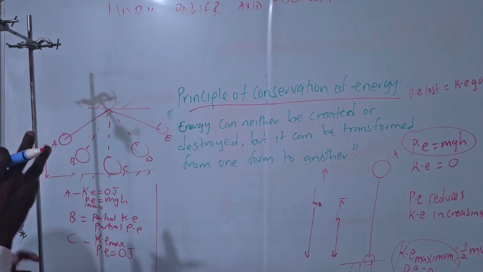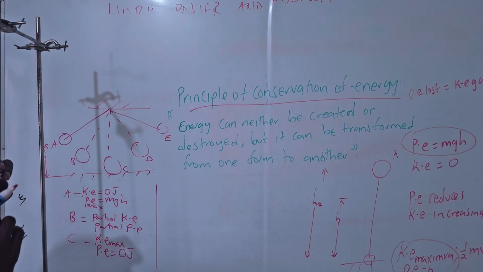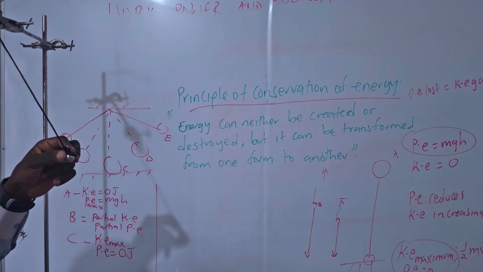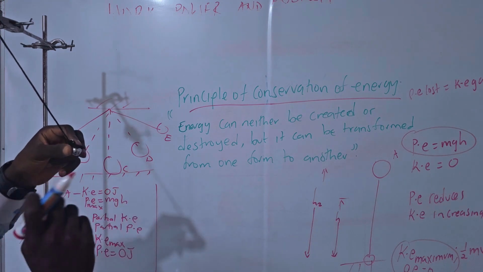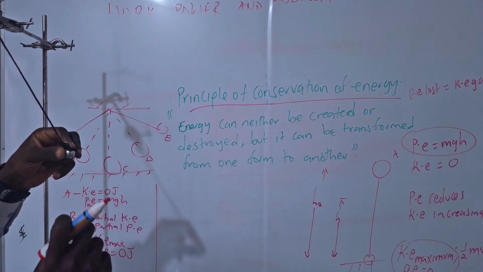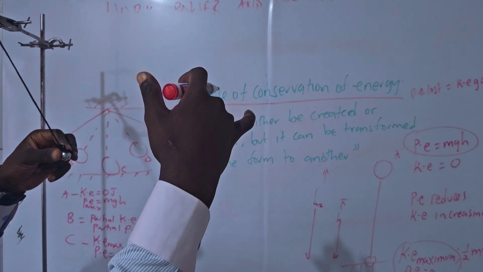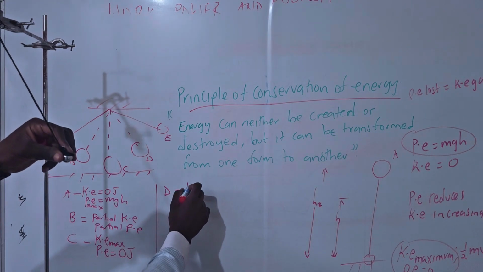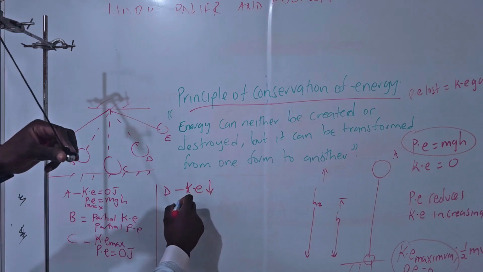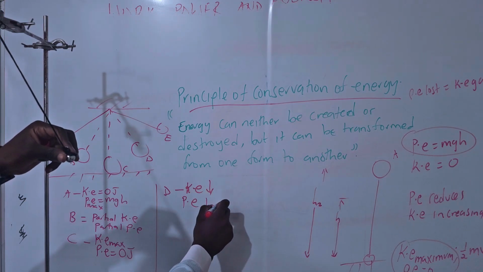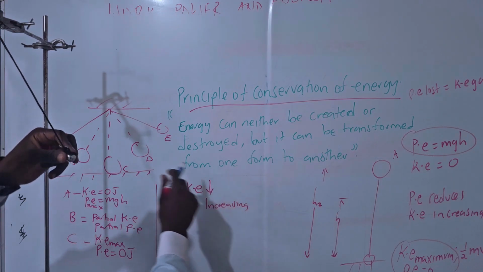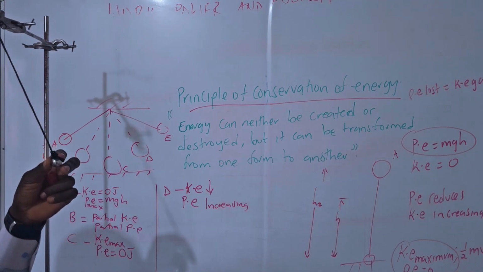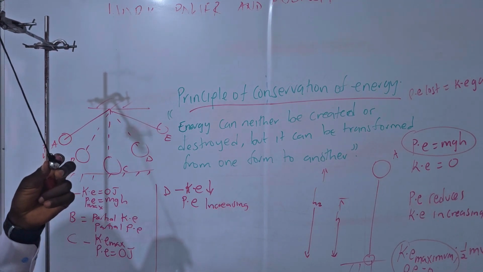As it starts to rise again at point D, now the potential energy is increasing because it is attaining height again. So at point D, the kinetic energy is reducing, but the potential energy is increasing, and it has partial kinetic energy and partial potential energy.